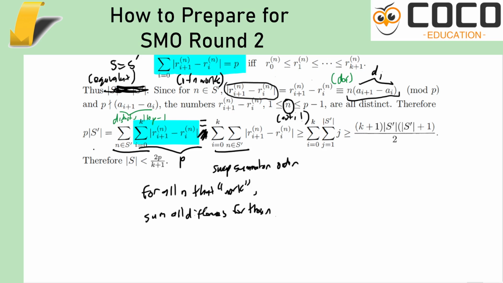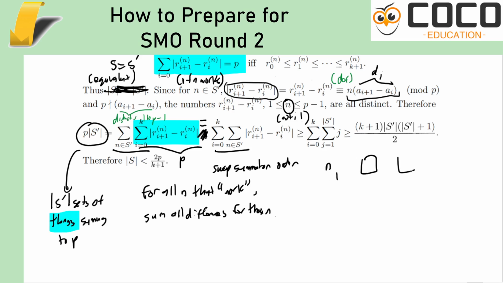Now the first way would be just that there are this many sets of P, of things summing to P. And the things are just the thing in the blue highlighting, which I'm a bit lazy to write out again. Now when I reverse the order, it means that I'm looking at, okay, the first n that works, I've got this bunch of things.